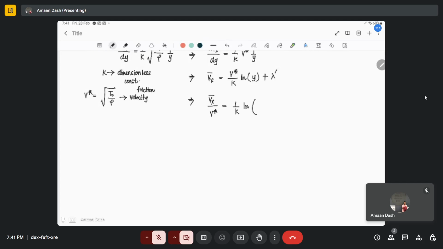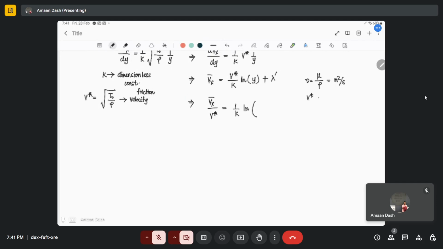So if you see mu by rho, that is kinematic viscosity, it is meter square per second. And V star is meter per second. So if we take nu by V star, that will be equal to meters. So here we have Y. So we can divide by nu and V star, which are all constants or things we can already obtain.